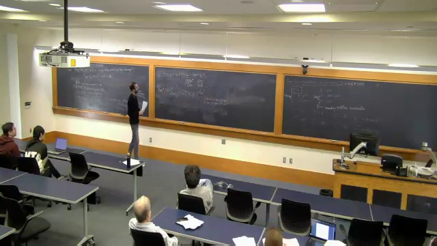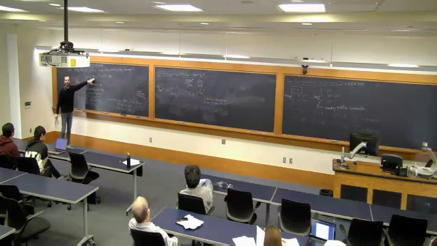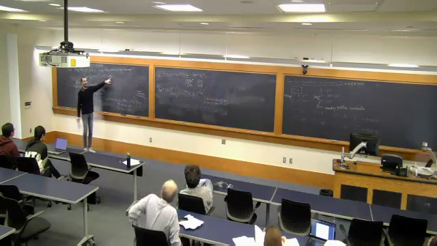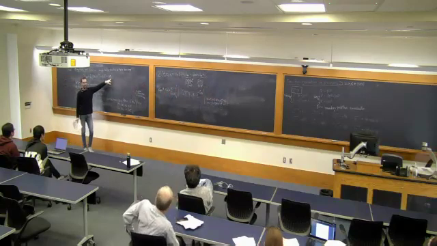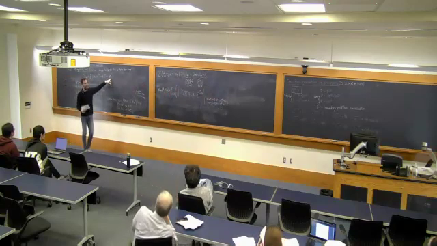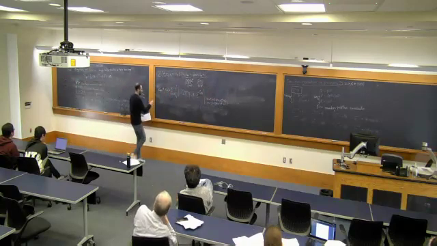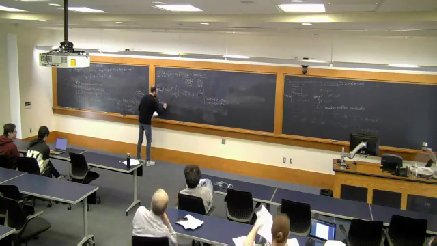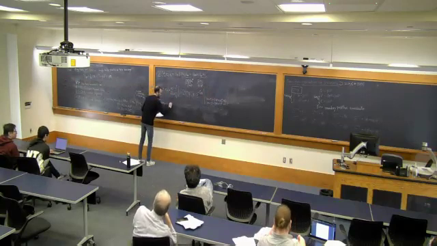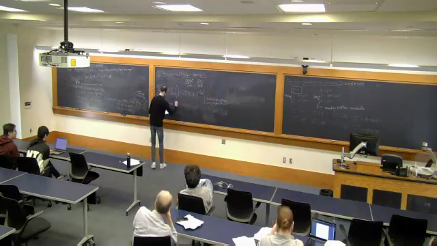And the trick here is that, remember, the action is this one. And you see that there is no derivative for beta, beta bar. So it's like an auxiliary field. So we can integrate it out. So the first step is integrate out beta, beta bar.